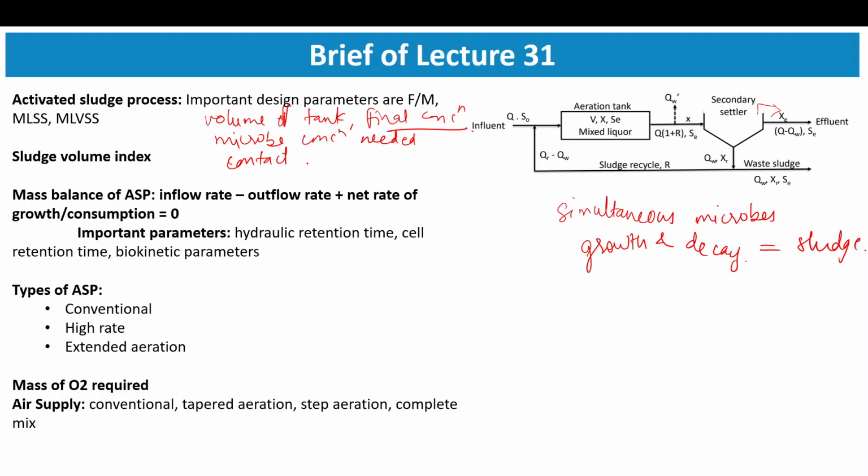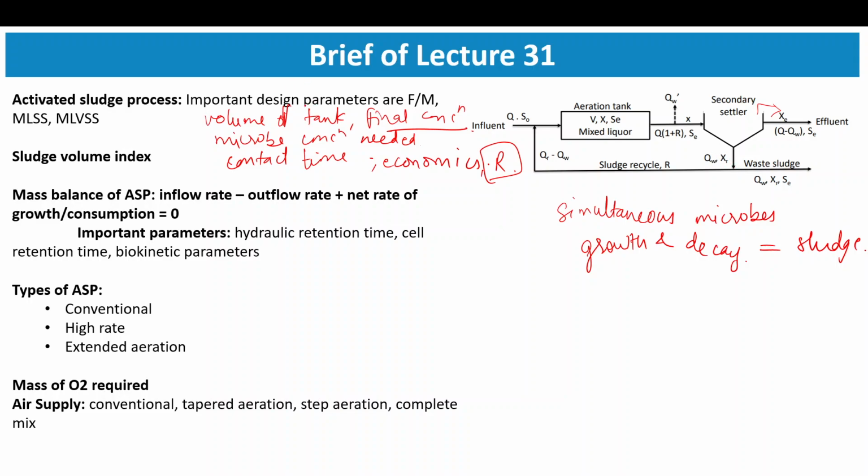So considering all the aspects, you do the design. You include economics also while designing the process. You also need to check what the recycle ratio should be, and how much can be wasted, so that the process is economical.